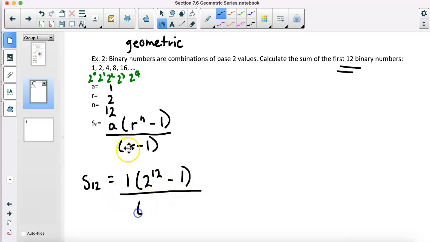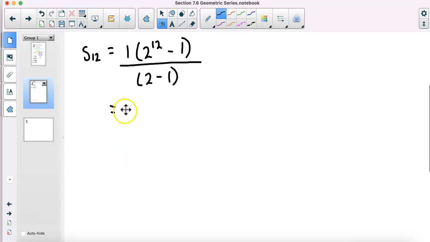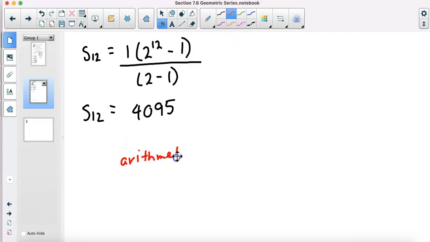What I'd suggest is simplify the numerator, simplify the denominator, which in this case, we're lucky, is equal to 1. And you get the value of 4,095.